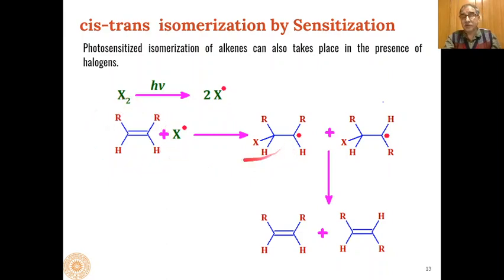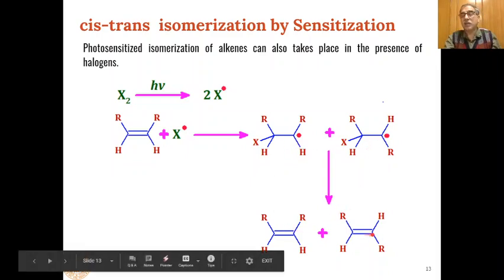When the free radical adds to the carbon-carbon double bond, two types of radicals can be formed, and these can give at equilibrium a mixture of cis and trans products, where the ratio of these products will be constant at the photostationary state.